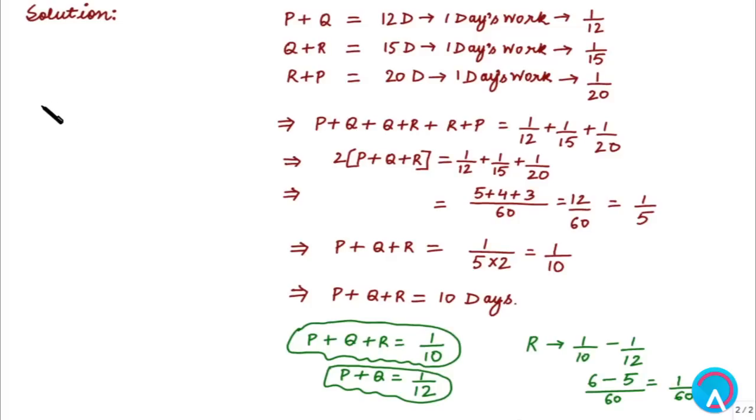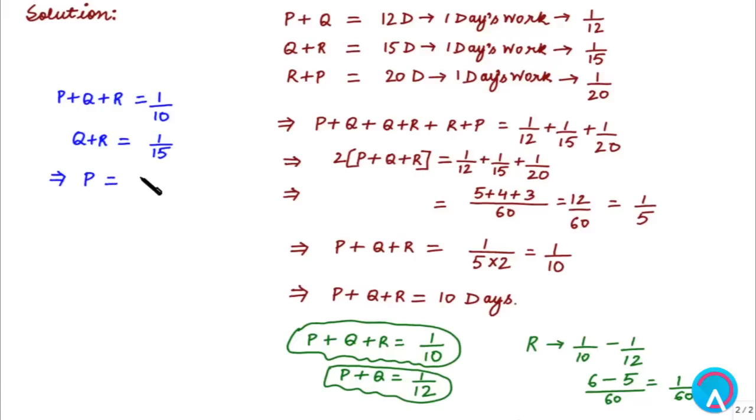Similarly, just writing separately here, we know that P plus Q plus R is equal to 1 by 10 and Q plus R is 1 by 15. From here we can get the work of P in 1 day.